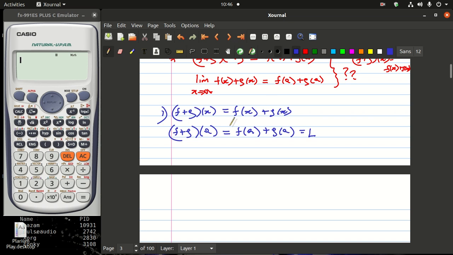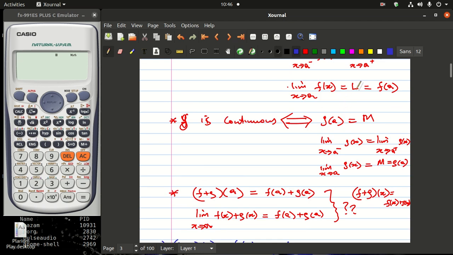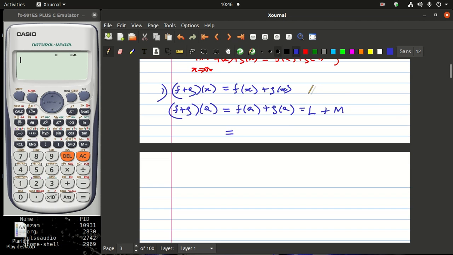And if you look into g of x, when I'm plugging in a, we said that this is actually M. And if you look carefully into this L here, we said that L is the same because this f of a is L, and L is the same as the limit as x approaches a of f of x.